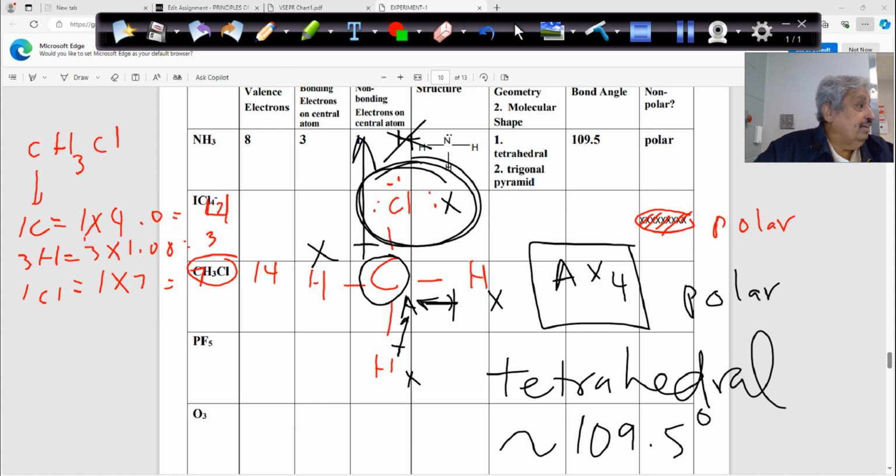Can you do this one here, the structure? Let's do it together, at least until the ozone, and then we'll stop. You can do the model later.